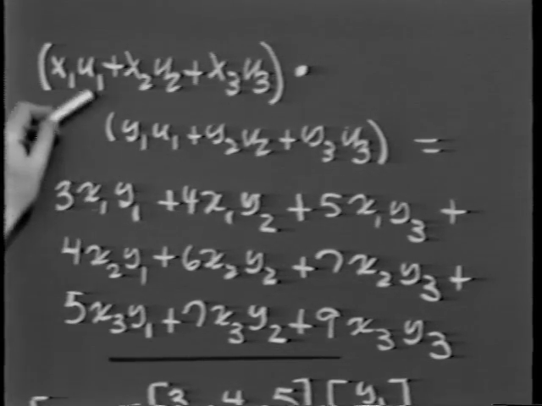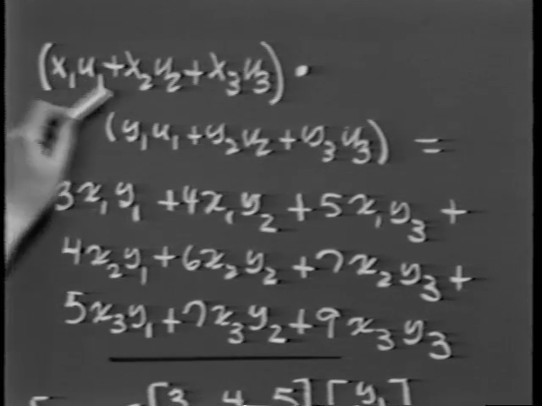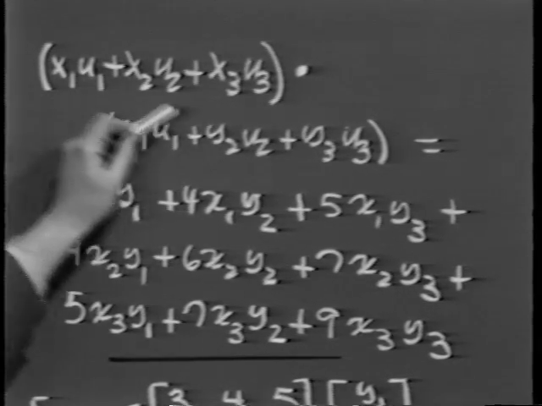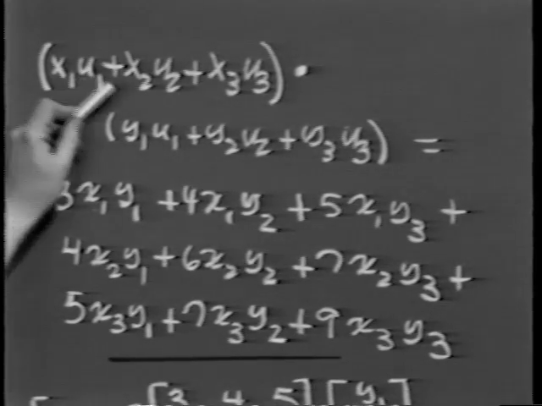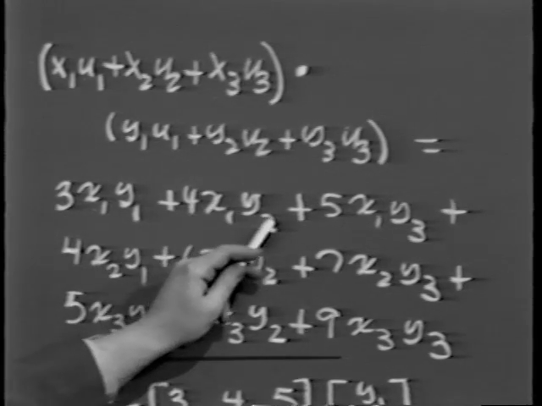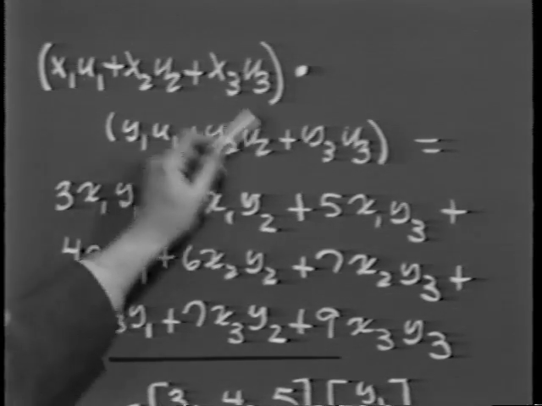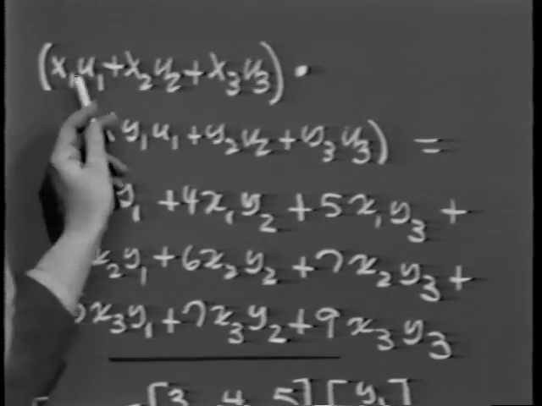And in a similar way, when I dot x1 u1 with y2 u2, I get x1 y2 times u1 dot u2, but I gave the fact that u1 dot u2 was 4, so this term becomes 4x1 y2.